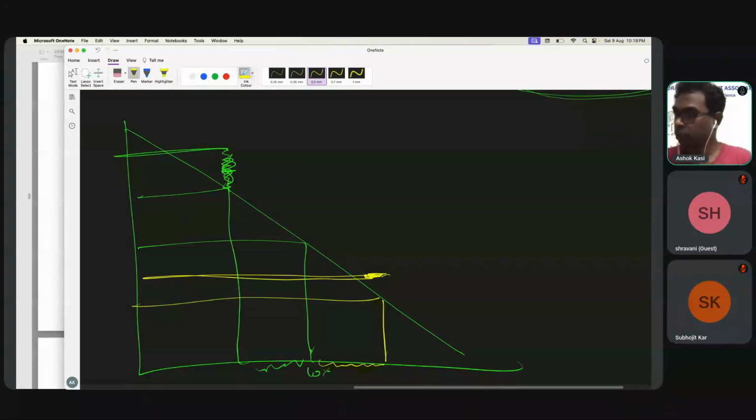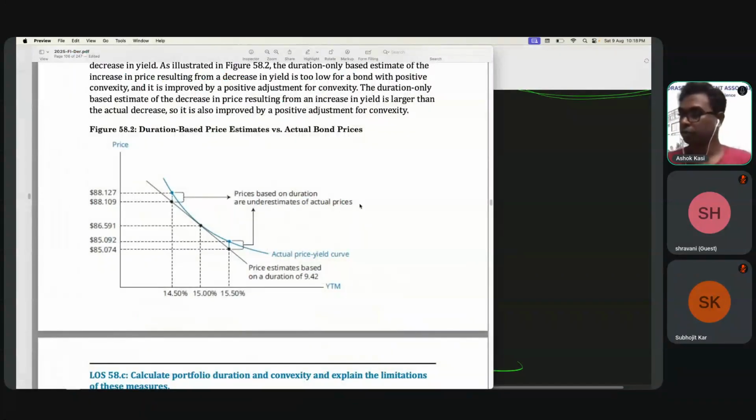So both the sides it is a benefit for the investor. When it is supposed to go down, it is not going down. When it is supposed to go up, it is going up highly. That's why positive.